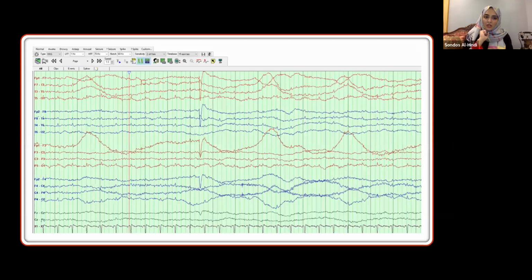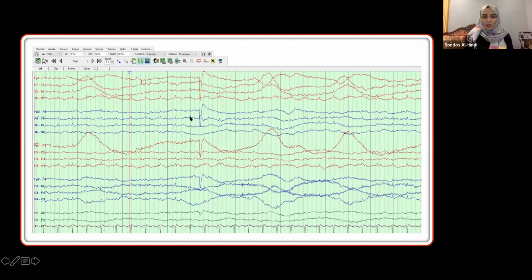So this was his EEG, in an appropriate setting. The montage is not a brain death montage. However, if you look at it, we're not seeing slow wave activity. These abnormalities that you're seeing are electrode artifacts, secondary to some movement, some positioning.